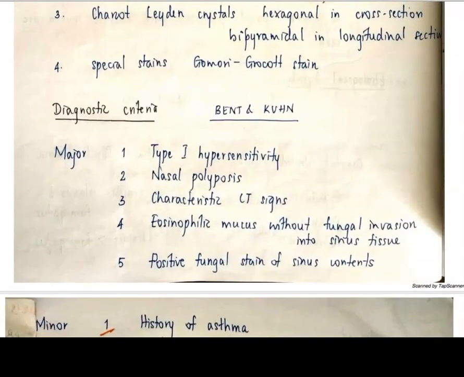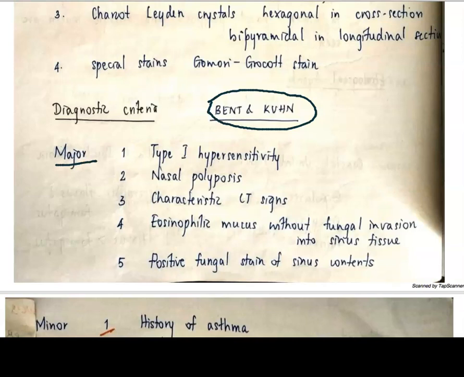Coming to the diagnostic criteria, the Bent and Kuhn criteria is very important for your theory as well as practical purpose. It can come as a separate 5-marker or it can be asked in your viva as well. It has major as well as minor criteria.